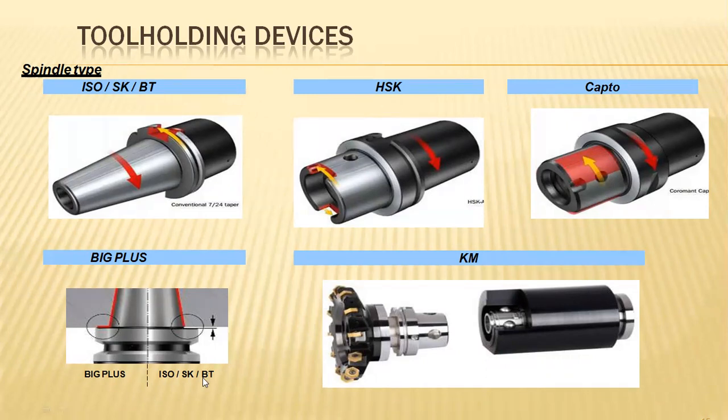This Big Plus or ISO BT is having a holding capability of fixed strategy with respect to gasket fixation in the case of this Big Plus and minimal error identification in the case of this BT type of system.